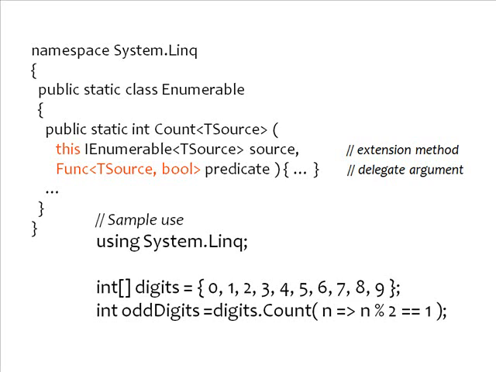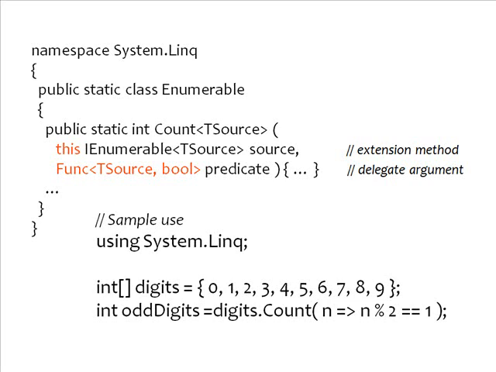So it also takes a predicate, in this case declared in terms of Func instead of Predicate. I don't know why. And an example of me using this Count extension method is, let me new up an array of digits and then call digits.Count, and instead of writing somewhere else a delegate to pass in as that predicate, let me write it inline as a lambda expression.